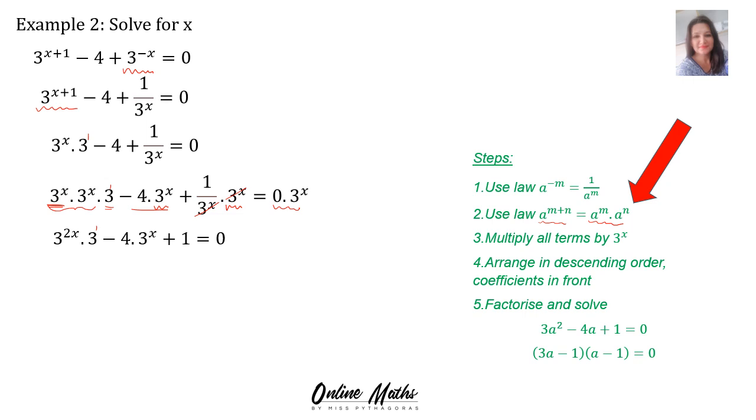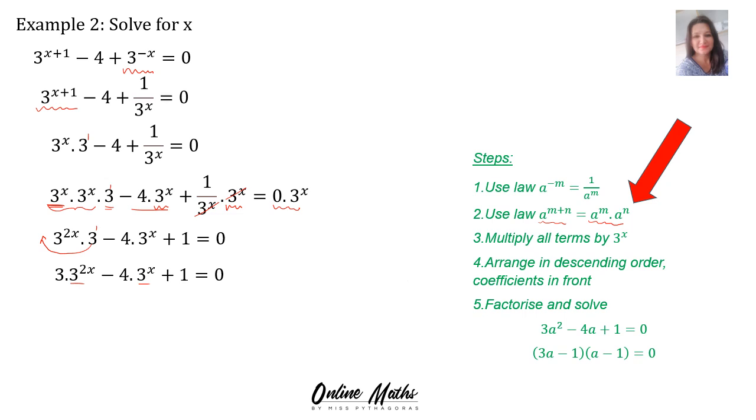Step 4, arrange in descending order, coefficients in front. So that means you're going to take this 3 and write it in front there, and then it is now in descending order. 3 times 3 to the 2x, 3 to the x, and a number. Step 5, factorize and solve.